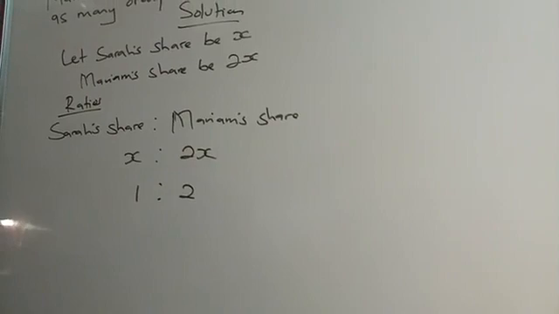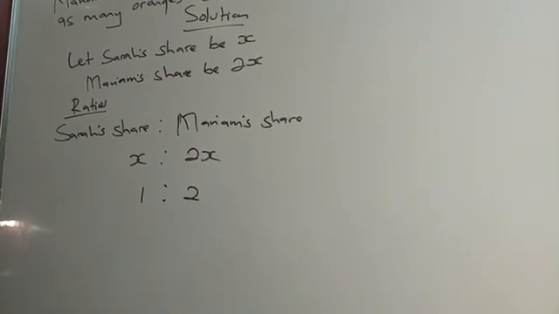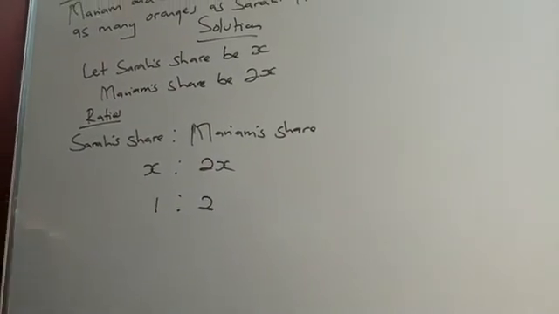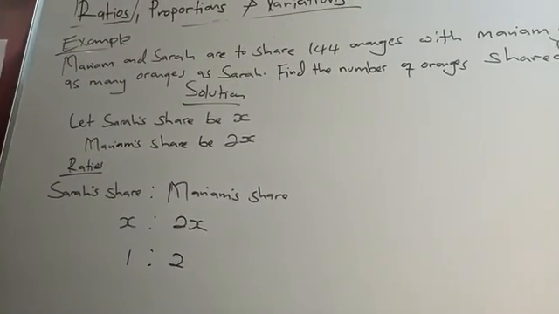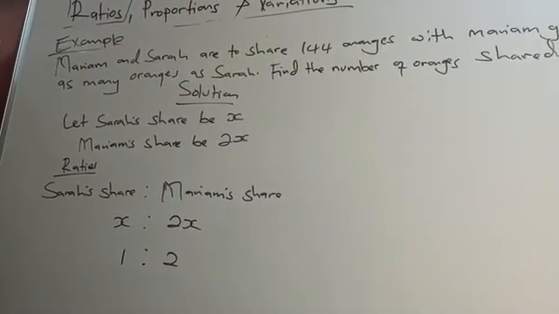So they tell us to find all oranges shared by each. So there are two methods.